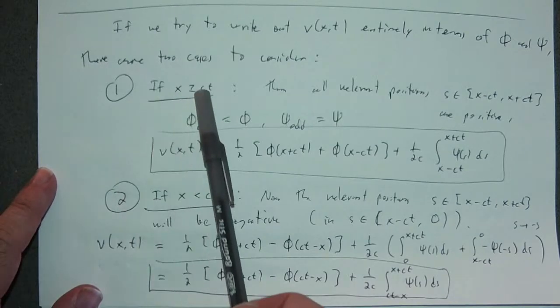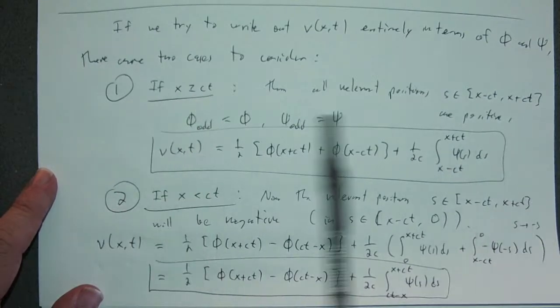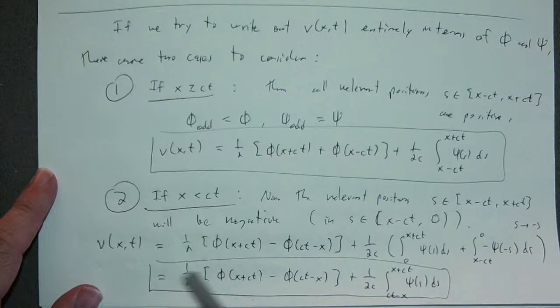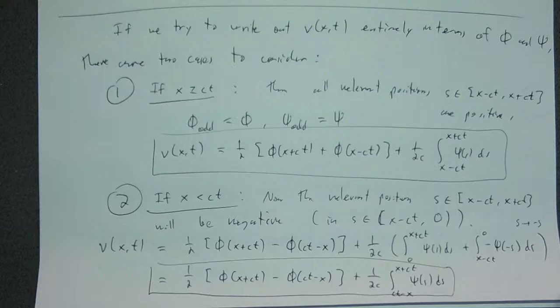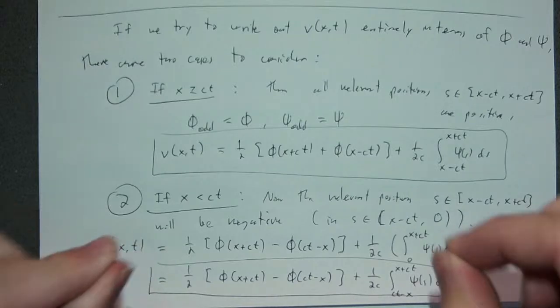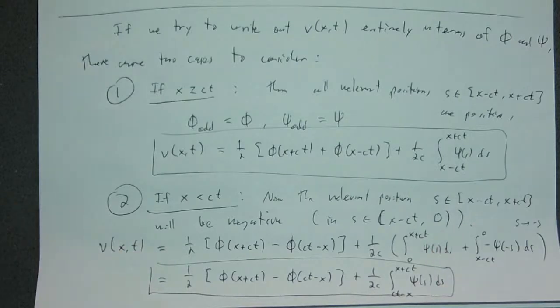If x is greater than or equal to ct, this is the formula it takes. If x is less than ct, this is the form it takes. Okay. Now, that might seem a little strange compared to the previous case, but it actually gets more complicated than this if we introduce another fixed end. If we have two fixed ends, you'll see that it gets substantially more complicated.